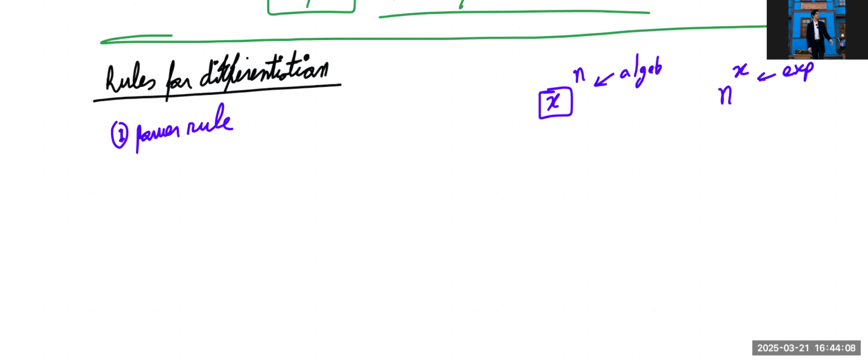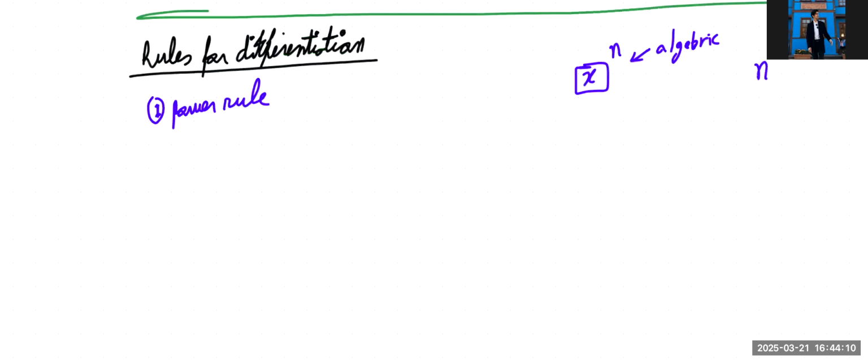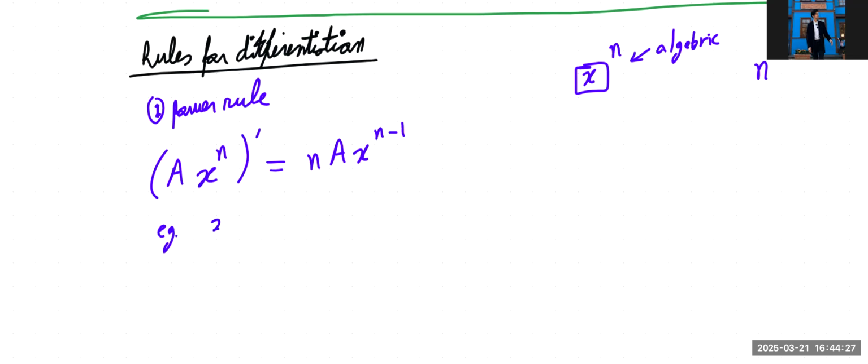Now, the power rule applies to algebraic terms. If you ever see an algebraic term with a coefficient and a power, simply to derive this, multiply everything by the power of x, and then subtract 1 from the power, and that is literally it. There's nothing more to it. For instance, minus 2x to the power of 3 over 4.